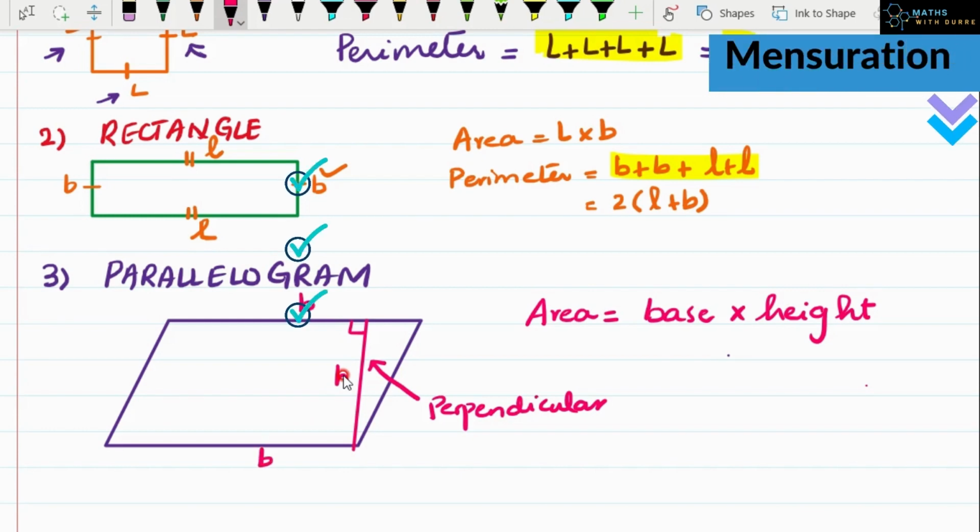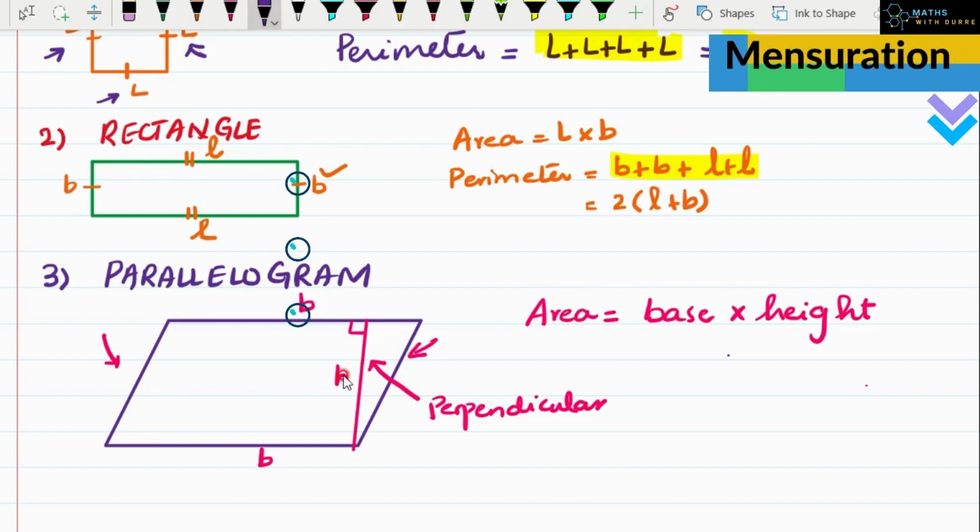Yes, you can take any one of them as a base, because both opposite sides are the same in the parallelogram. But these sides and this side are not a height because it's not a perpendicular, it's not a right angle, not an exact 90 degrees.